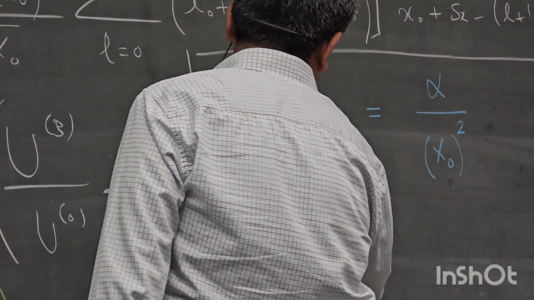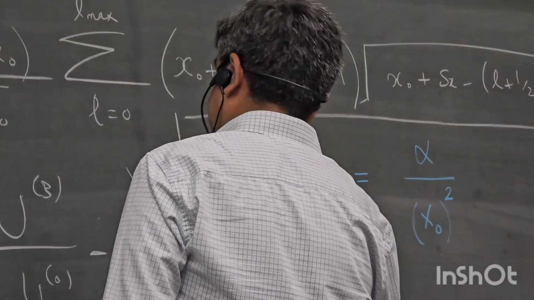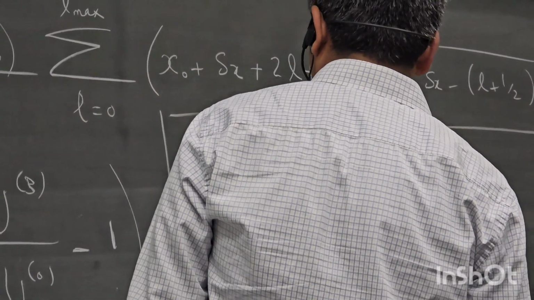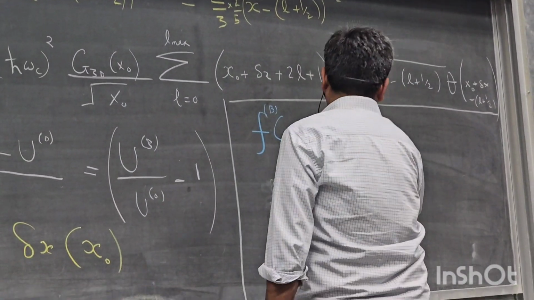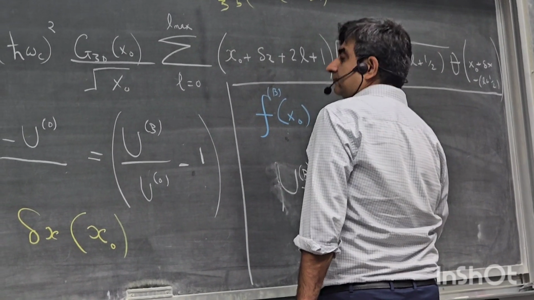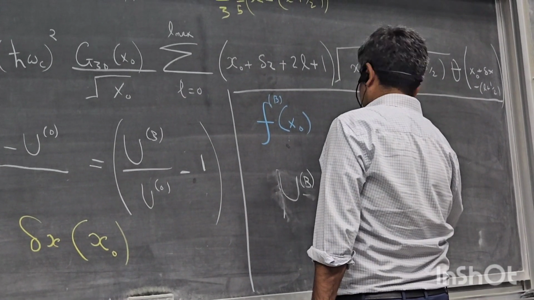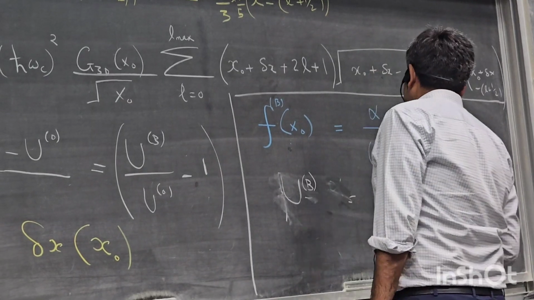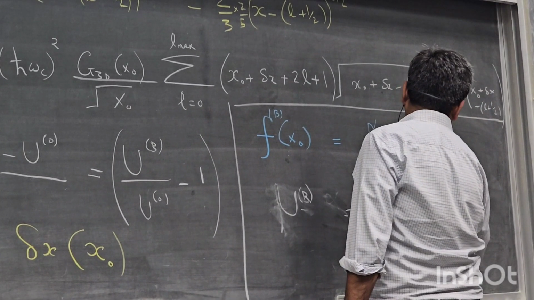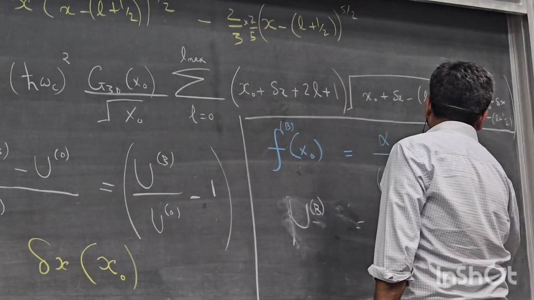So my UB over U naught is alpha over x naught squared plus 1.